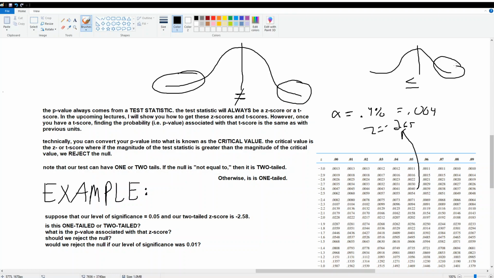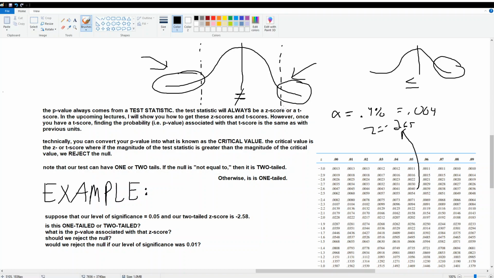This test statistic, this p-value, is affected by whether or not it's one-tailed or two-tailed. And here's why. If it's two-tailed, we just got to be out in here. Doesn't matter which one we're in, as long as we're in one of these two, we're good to go. So that means our cutoff has to be one of these.